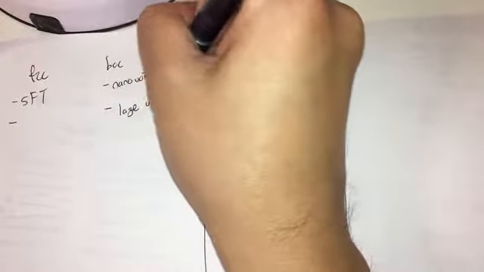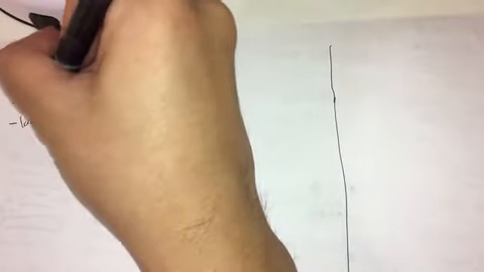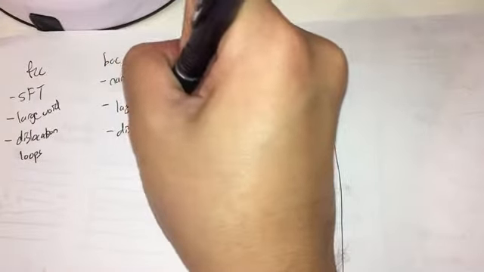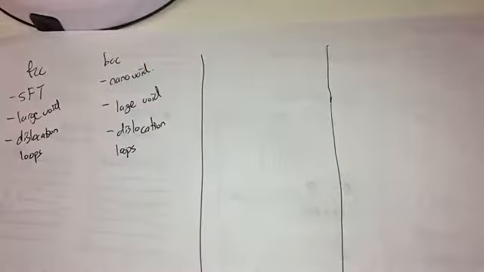But for both, we will have large voids, if the voids coalesce enough, there'll be large voids. And then for both BCC and FCC, we will have dislocation loops. Of course, some of the vacancies and interstitials will rejoin and they'll eliminate damage.